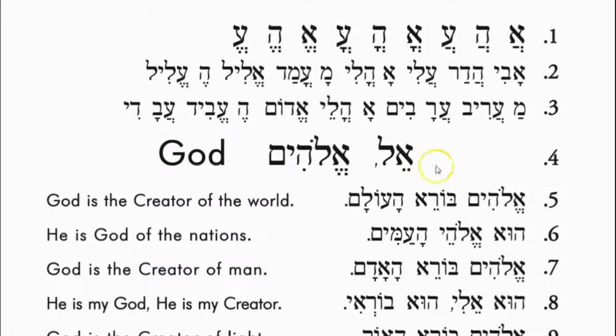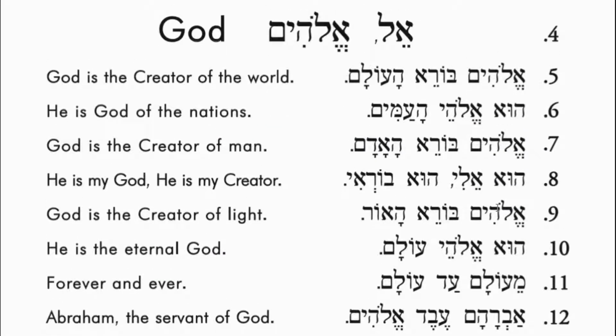Avadi. Okay, so now from line 4 onward, we're going to do some Hebrew Bible words. Words that you'll see in the Hebrew Bible as well as in the Siddur, the traditional Orthodox Jewish prayer book. Okay, so let me give you my spiel on the pronunciation of names.